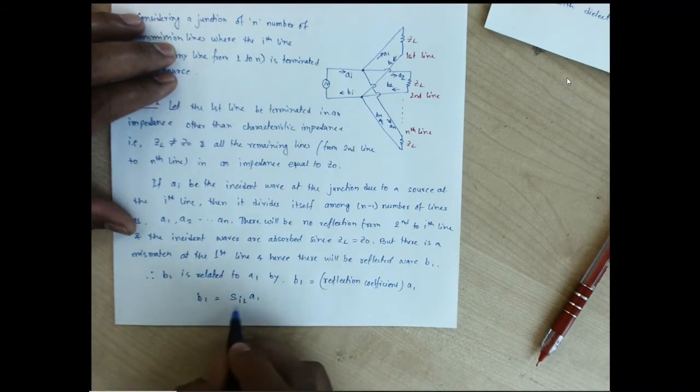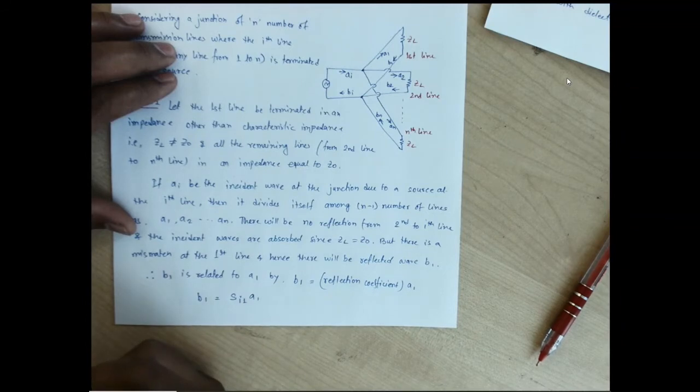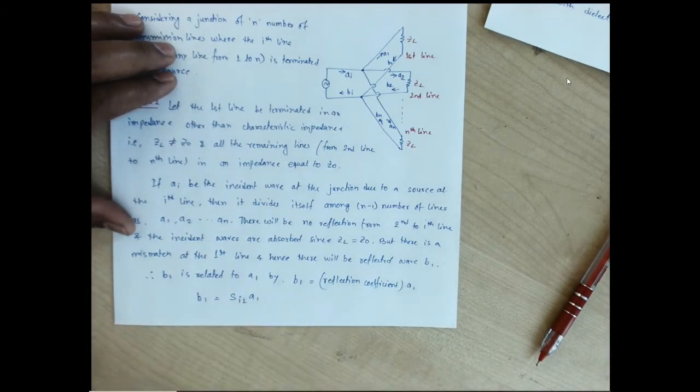So what does this signal indicate? The first value in the suffix indicates which line the source is connected to. The second number indicates from which line the reflection is coming back to the source.